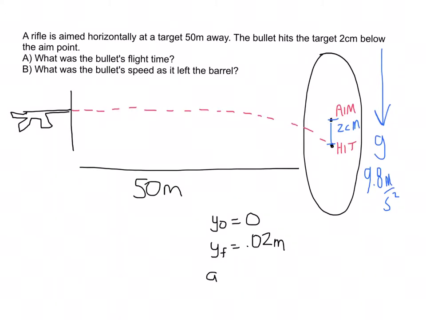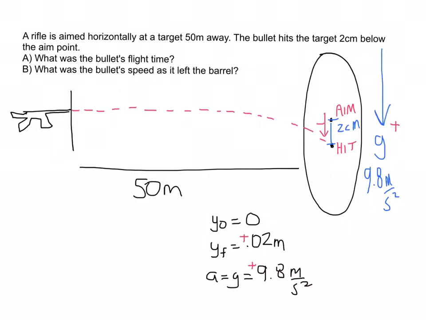We know the acceleration, which is equal to g, is equal to 9.8 meters per second squared. Also, just to make clear, we're going to say going down is positive. This way we know that it went down 2 centimeters. That's positive. So this is positive and this is positive.